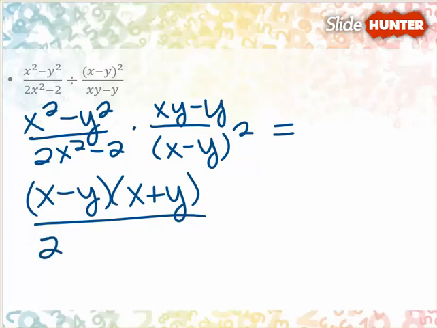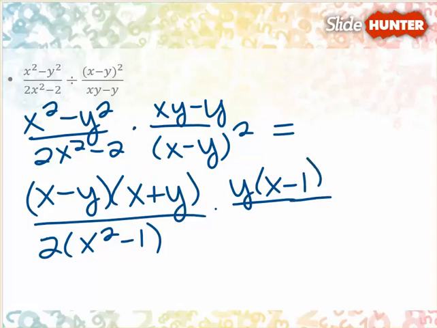So if I factor out a 2, that gives me x squared minus 1. In the second fraction, I can factor out a y. So factoring out a y gets me x minus 1. And then on the bottom, x minus y squared. If you want, you can rewrite that as x minus y times x minus y, as it might help you see what you can cancel out.